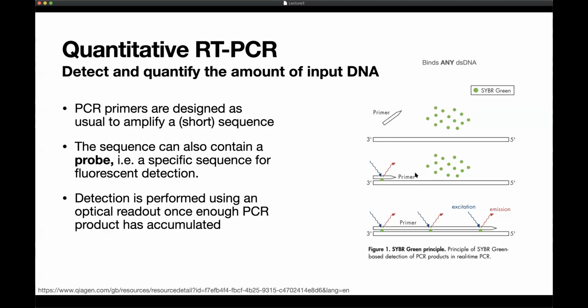You don't know what double-stranded DNA it is, so hopefully it's the one that you are trying to amplify, but in principle it could be something else because it doesn't recognize any particular motifs, just that it's double-stranded DNA. But with each cycle you have more and more DNA, more and more readout, and you'll be able to detect a stronger and stronger signal as you continue through the reaction.